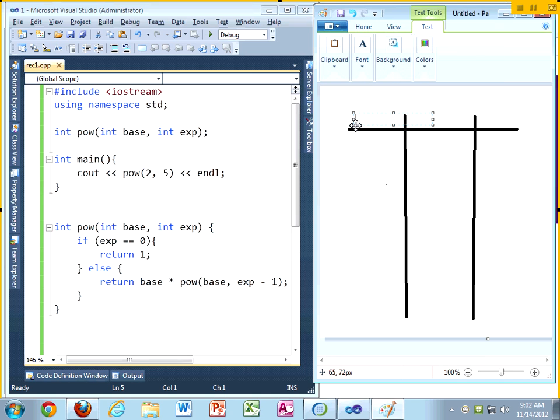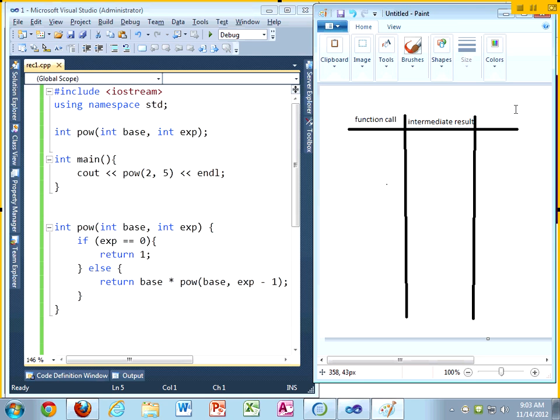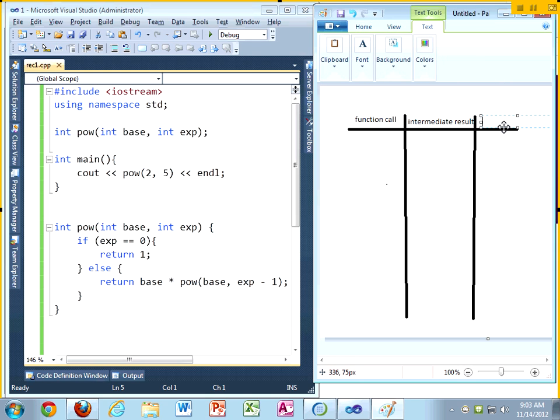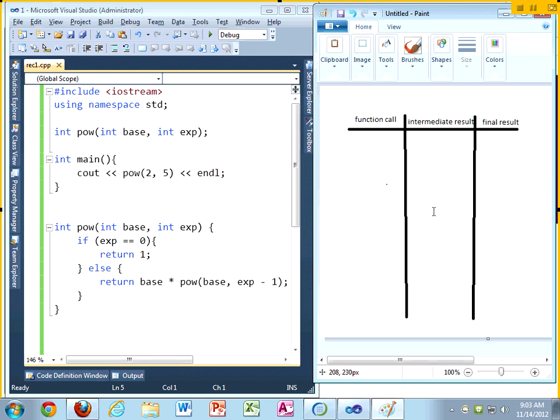Okay, the first column here is going to be the function column. The second column here is going to be the intermediate result. Look at that, I made it just the right size. And then the third column is going to be the final result.